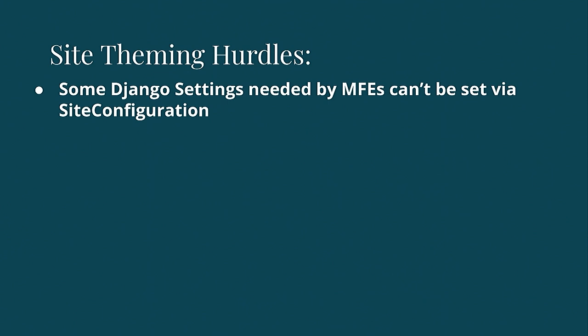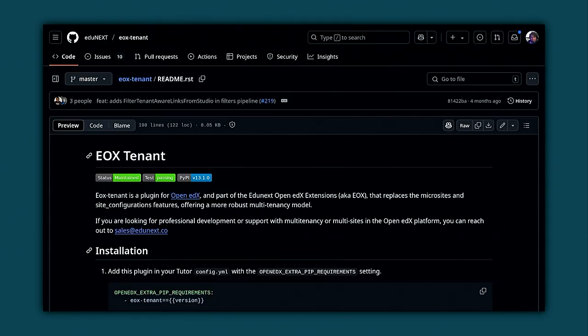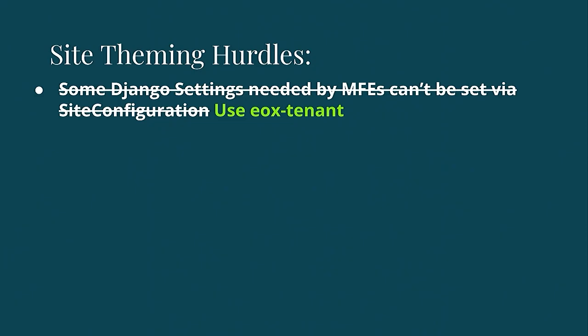But this was pretty easily solved. There's an amazing package by edX called EOX tenant. It introduces a concept of tenants where each tenant is similar to an earlier site, and it allows you to make certain changes to Django variables, which you cannot with the traditional site configuration mechanism. So this problem was solved.